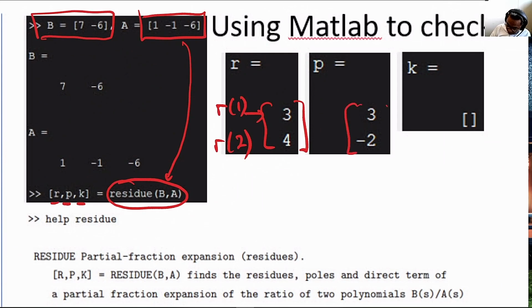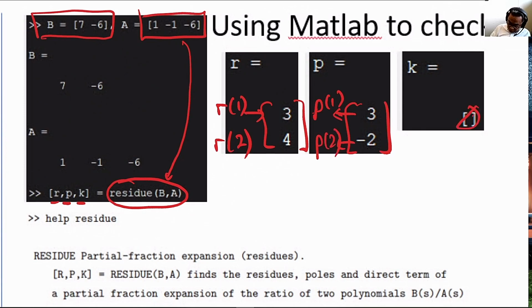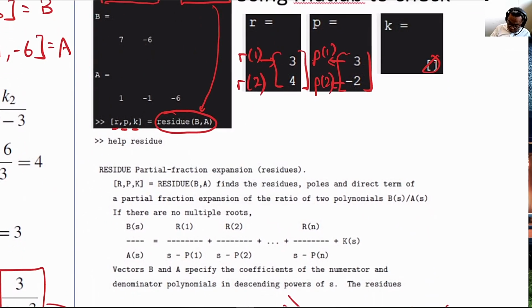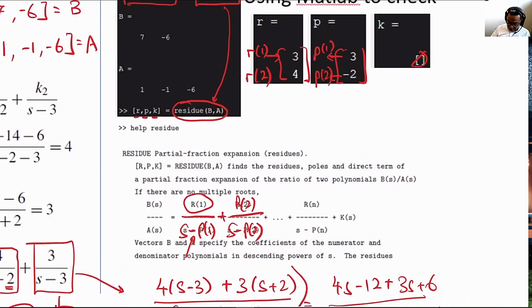This is P, so this one is P1 and this one is P2. And K is nothing. So the answer is in this form: R1 divided by S minus P1 plus R2 over S minus P2. Remember, this is minus here, so when the entry of the pole is minus, it will become plus.